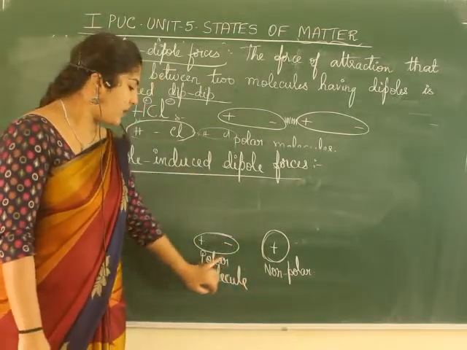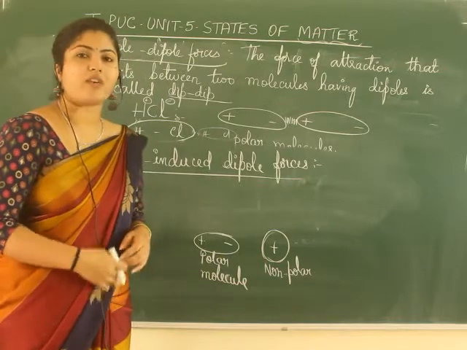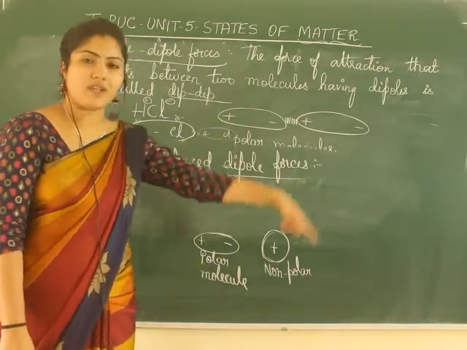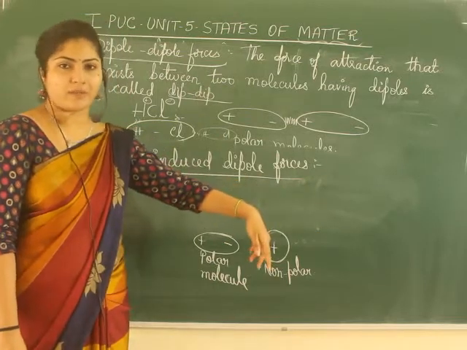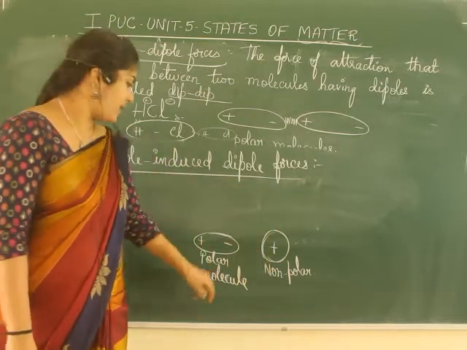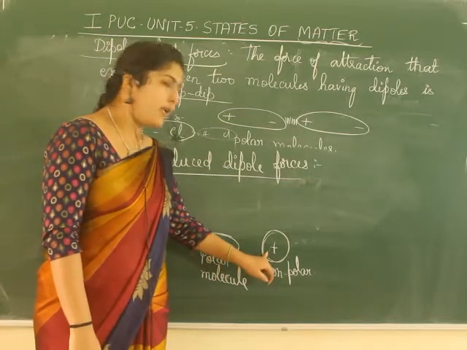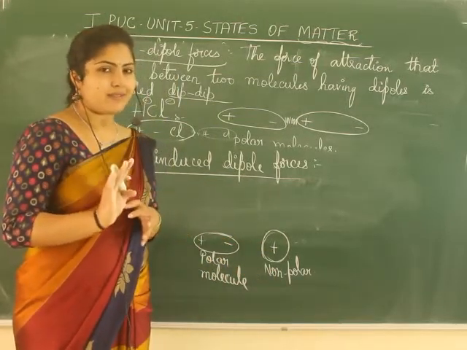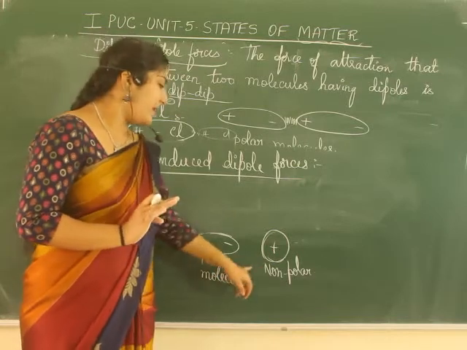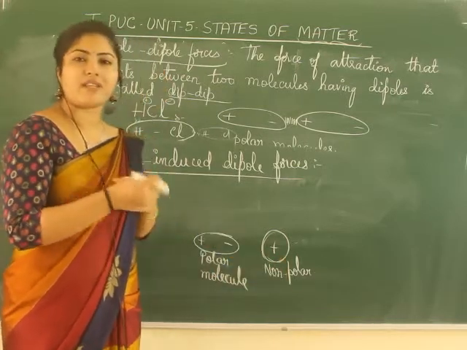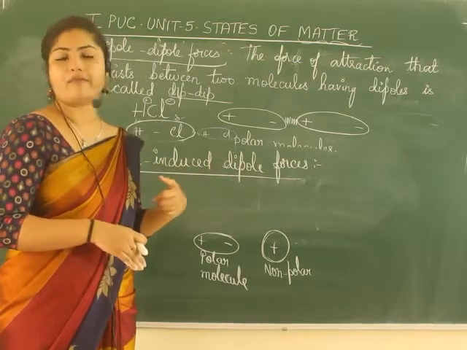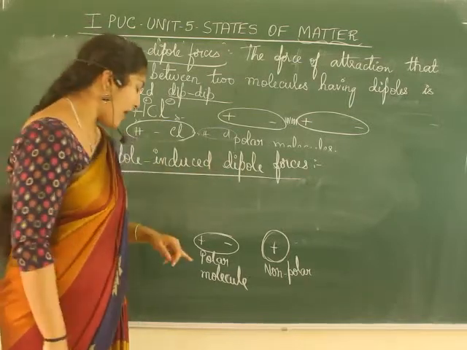When it comes closer to this polar molecule, this polar molecule will try to induce a dipole in the other molecule nearby. That means, see, you have only one charge. It's like this, not exactly. It'll be like, let me give you some charges so that even you will become a dipole, and then we will have a force of attraction. That is how it happens.